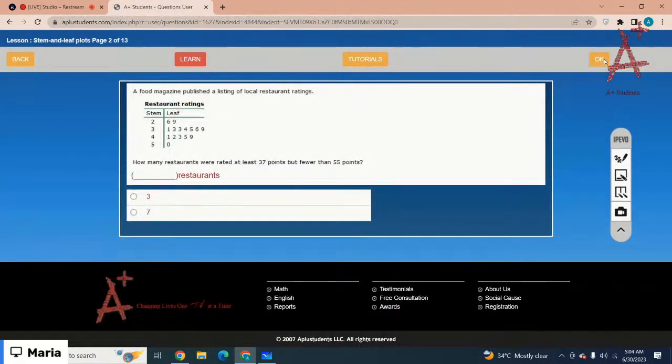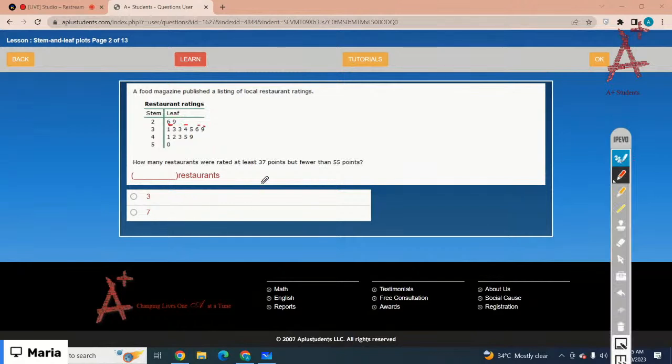Okay, a food magazine published a listing of local restaurant ratings. How many restaurants were rated at least 37 points but fewer than 55 points? At least means the least value would be 37, and the points are less than 55. So you have to count the values that are between 37 and 55. Go to stem 3 and look for the values that are greater than 37 and less than 55.